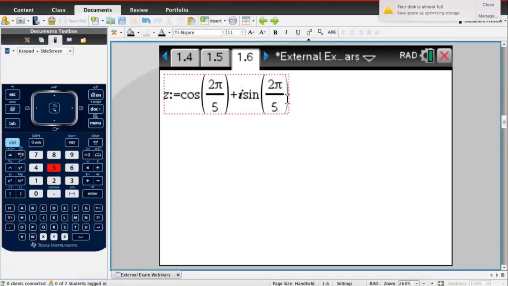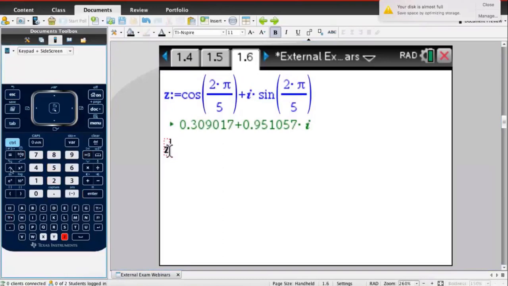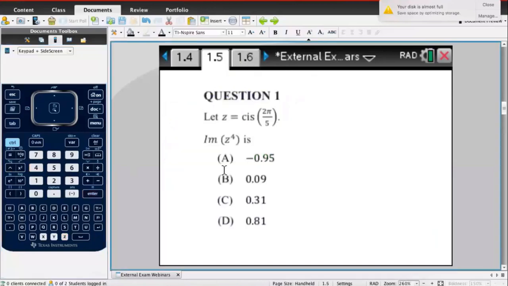So that's in cis form or trigonometric form. If we hit enter there, it'll turn that into standard form. And then we've got our math box here, so we can easily raise that to the power of 4, because the question was looking at what's the imaginary bit. And you can see the imaginary bit is negative 9.51, which is answer A.